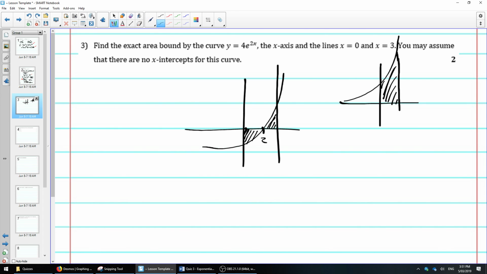The reason I've added that little extra bit is so you don't need to look for x-intercepts. You just assume that. The other way you know that is, like we just said, e can never equal 0.